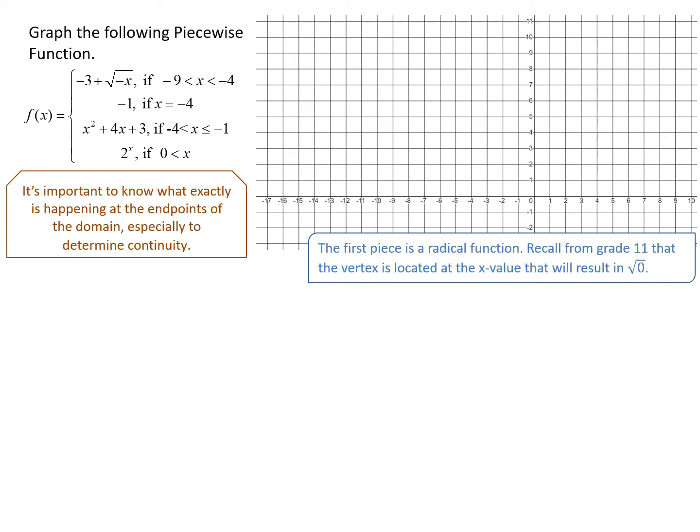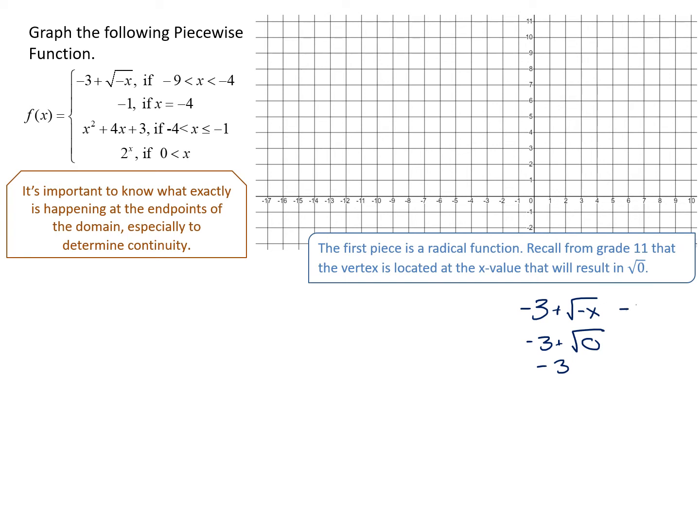If I sub in a 0, I'll just show my work for the radical over here. I've got negative 3 plus negative root x. If I sub in a 0, I'm going to get negative 3 plus the square root of negative 0, or 0. That will be my vertex, but I'm not allowed to use 0. Look at the domain.